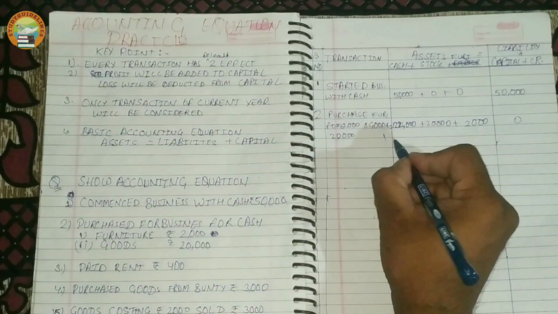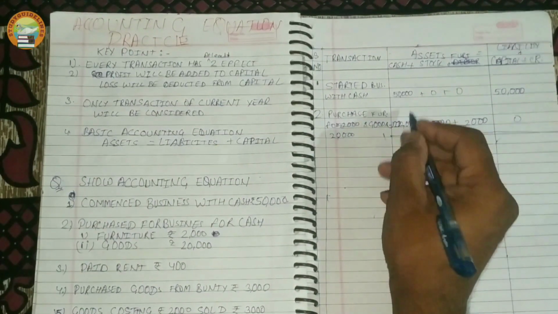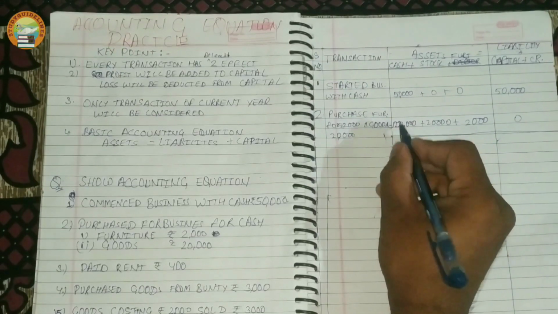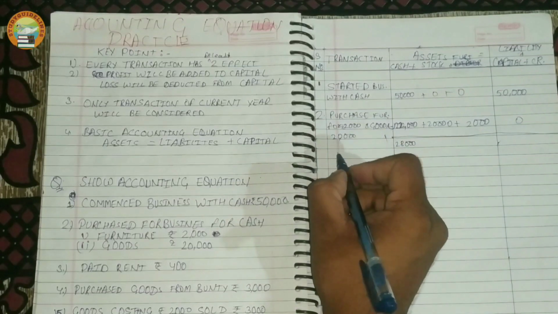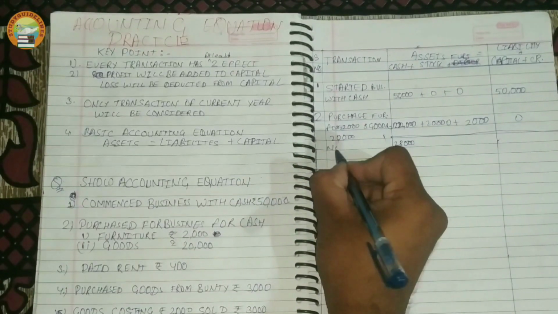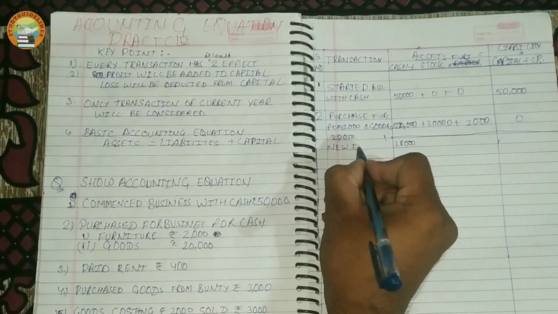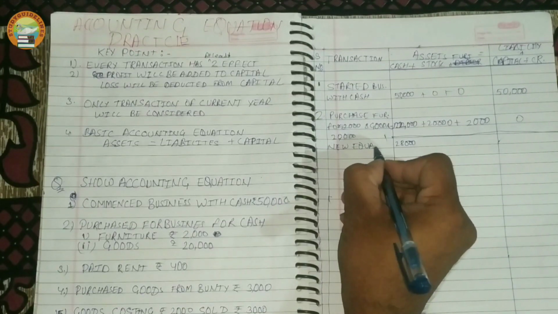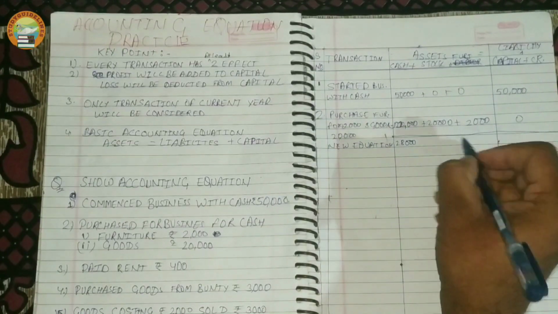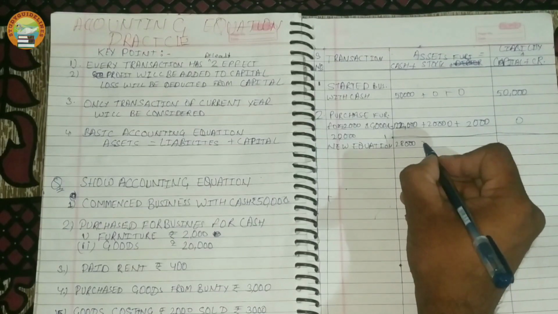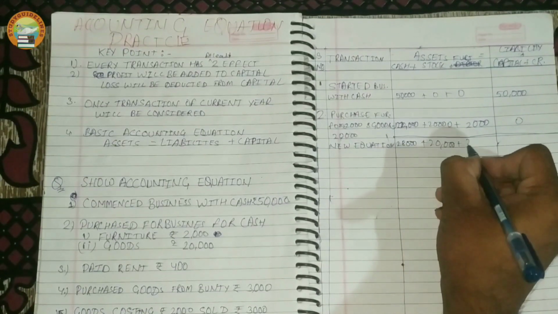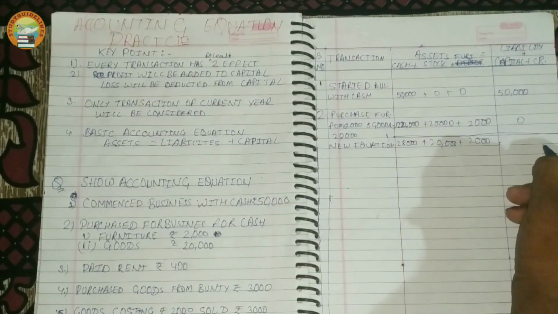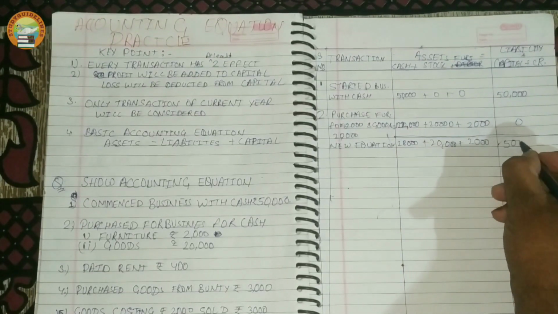The new equation: we minus the cash, it will be 28,000, plus 20,000 stock, plus 2,000 furniture, and the total on the other side is 50,000.